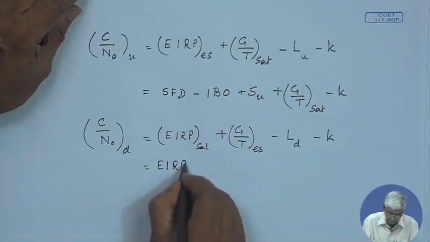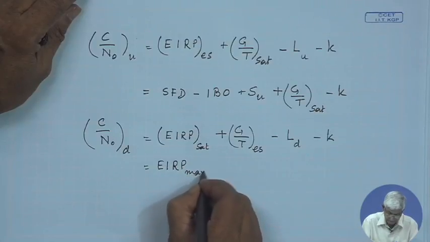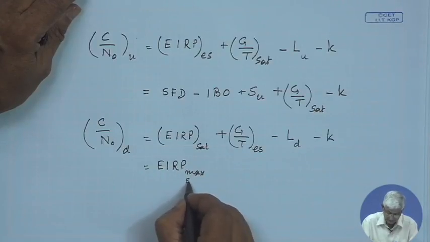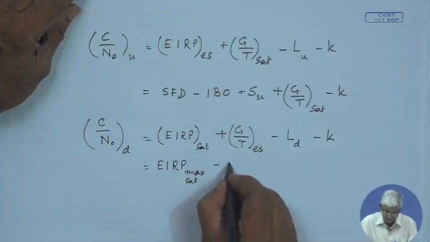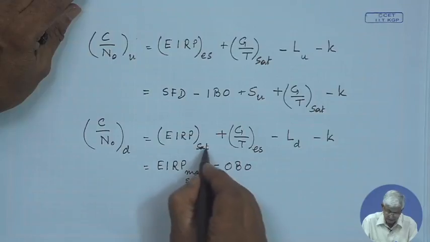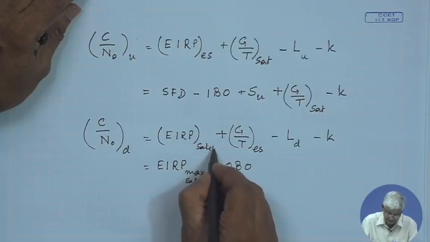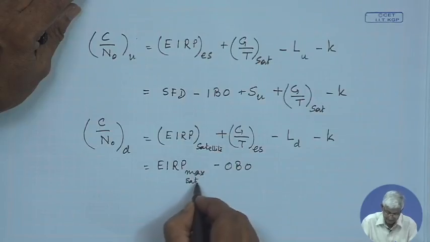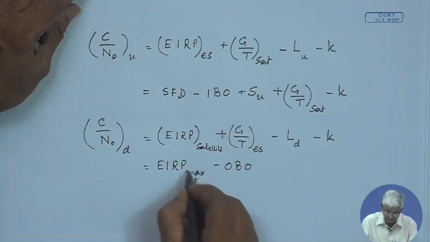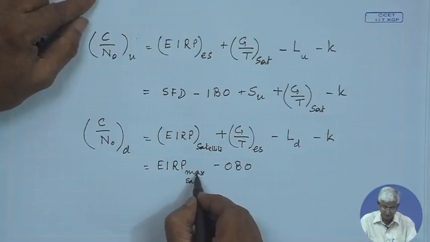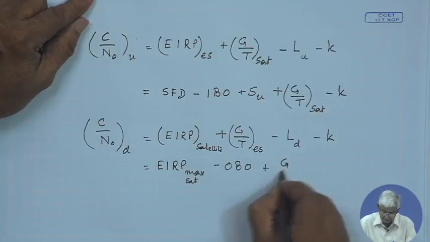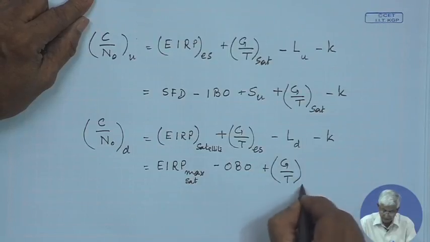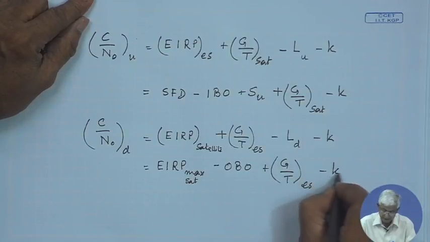Do not think of saturation, that is why I changed the word to max. So, EIRP maximum from the satellite minus output backoff is the actual operating EIRP of the satellite, plus G by T of earth station minus K.